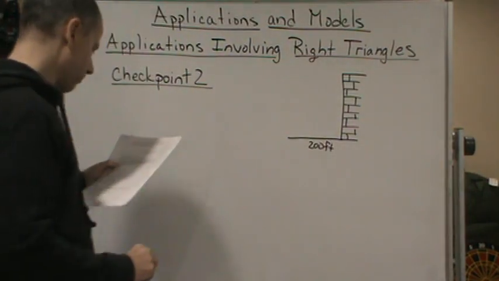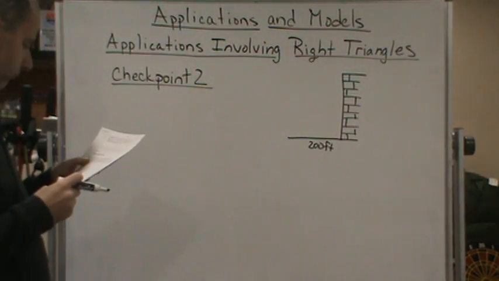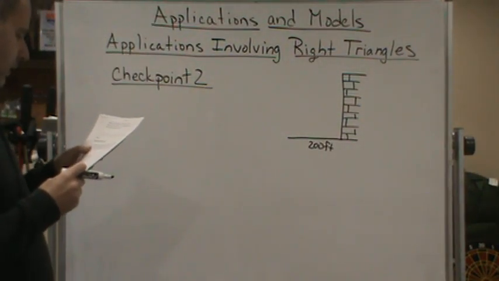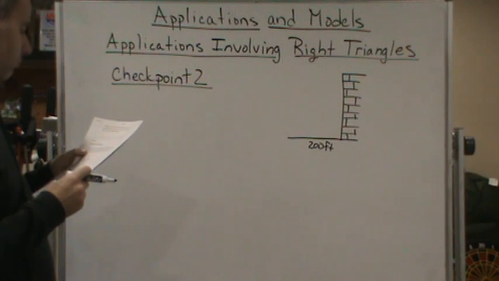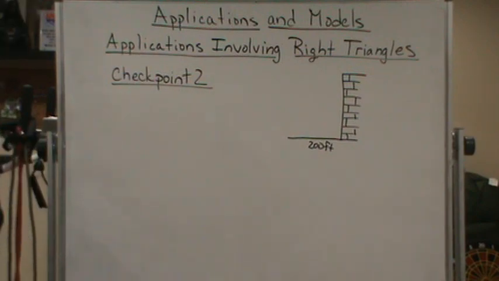The angle of elevation to the bottom of a smokestack is 35 degrees.